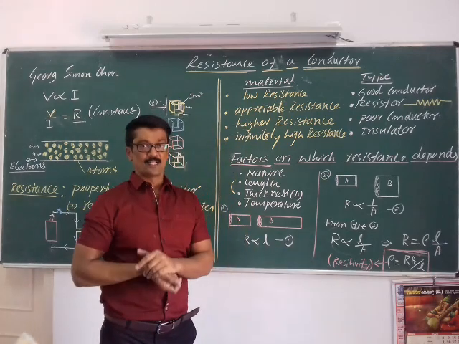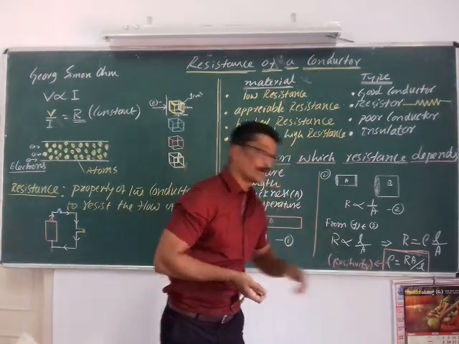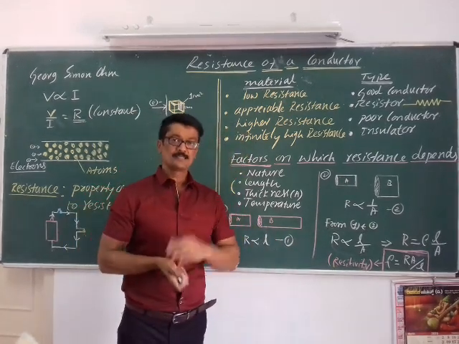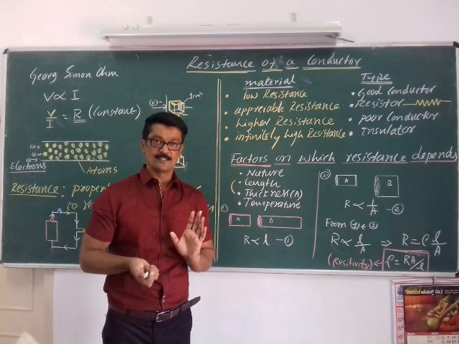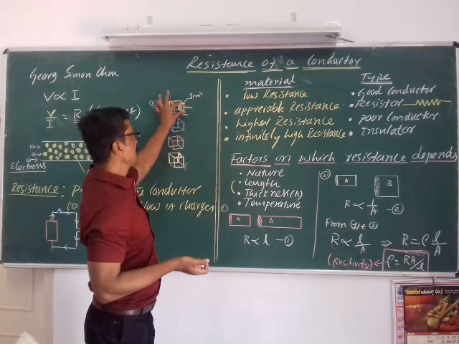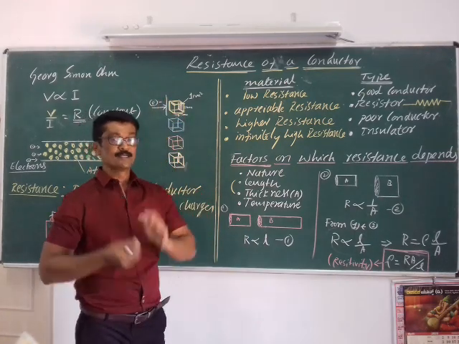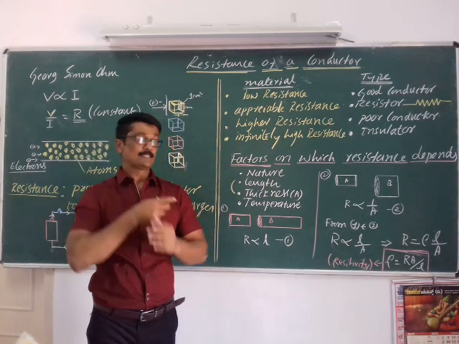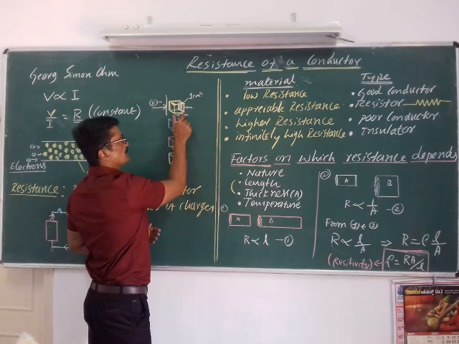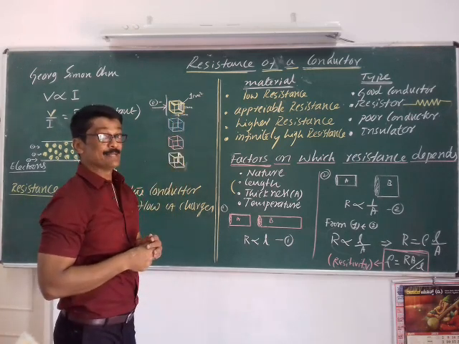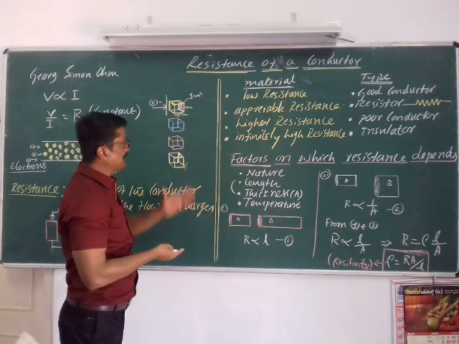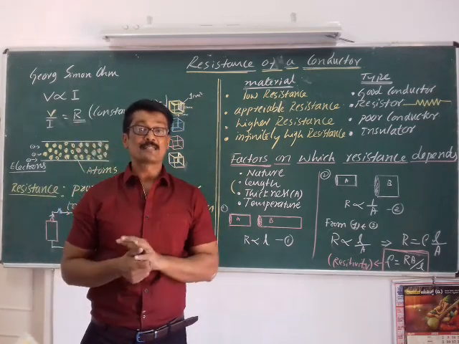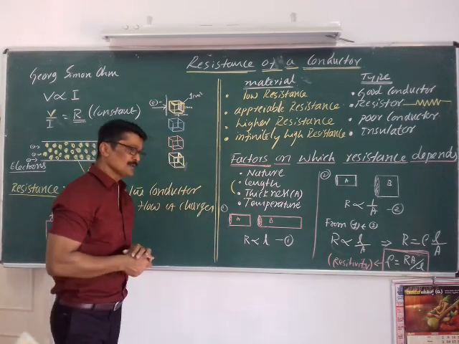Resistivity of a material, which is represented by the symbol rho, is the resistance of the conductor of unit length and unit area of cross section when the electrons are moving perpendicular to the surface. Here I have taken cubes of length 1 centimeter. So the resistivity helps us to select the material for practical purposes.